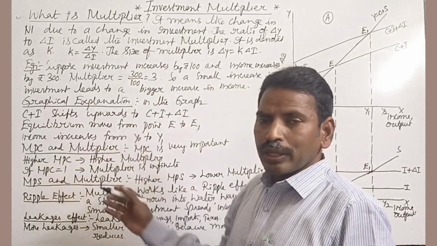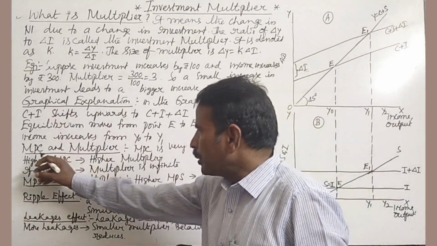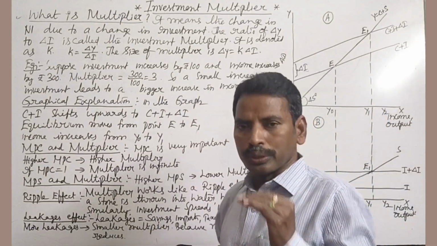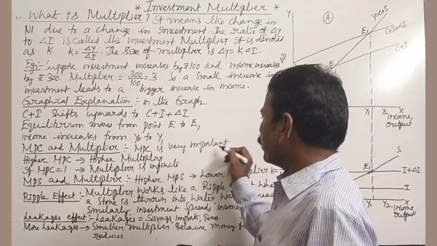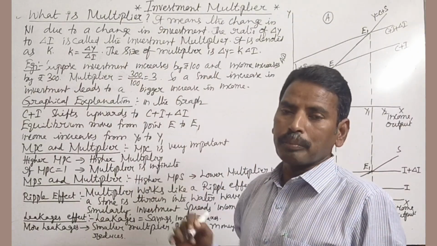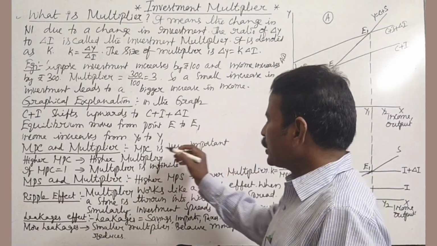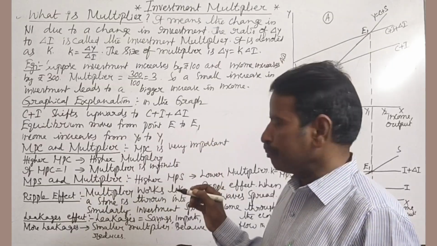Now let us examine what is the relation between MPC and multiplier. Marginal propensity to consume and multiplier. MPC is a very important determinant of the multiplier. To determine the multiplier, marginal propensity to consume is one of the important determinants.